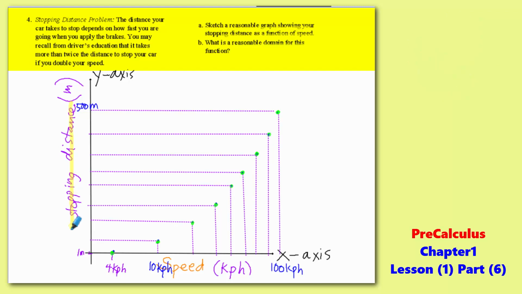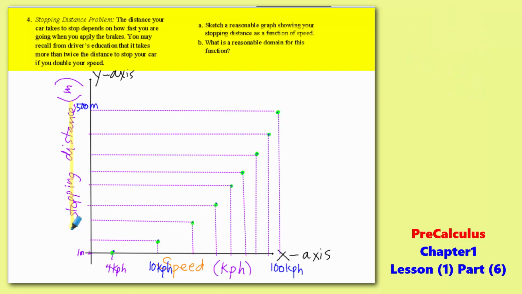The stopping distance increases rapidly as speed becomes greater and greater. So that will be my illustration of the relationship of the stopping distance and the car speed, taking it as a personal observation or just an assertion.